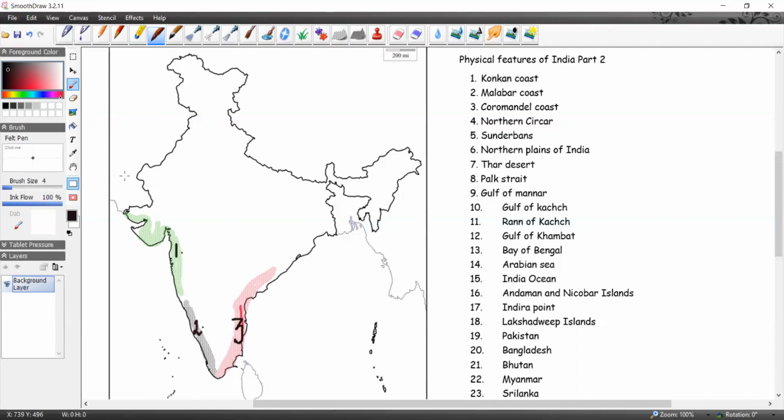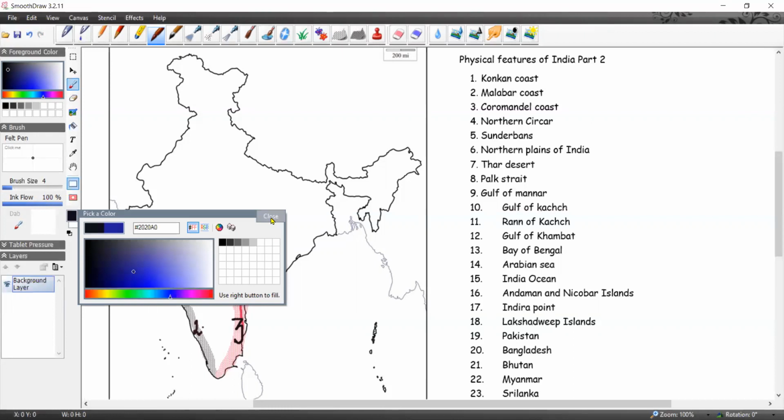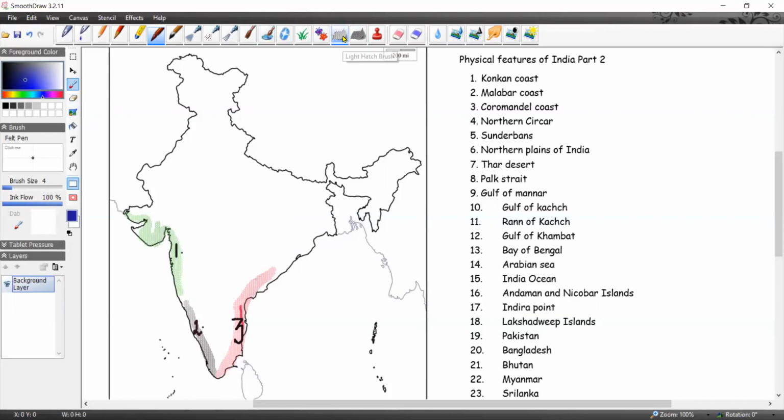And the fourth one is Northern Sarkar. And this is Northern Sarkar. And Northern Sarkar is number 4.